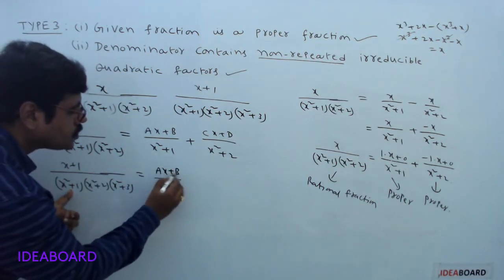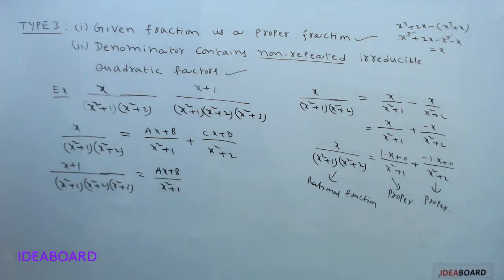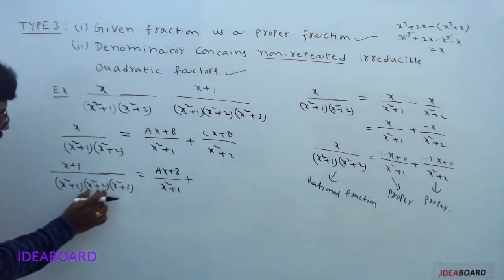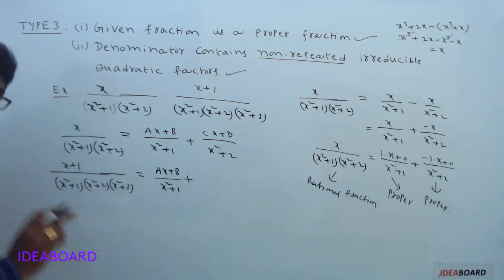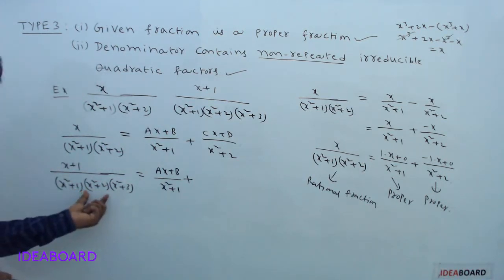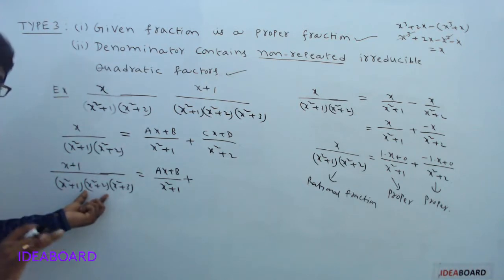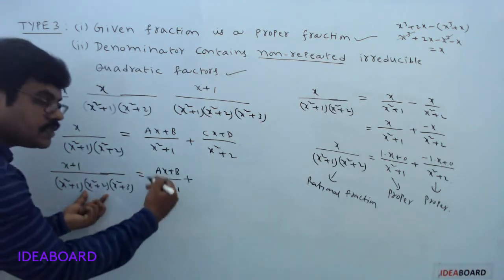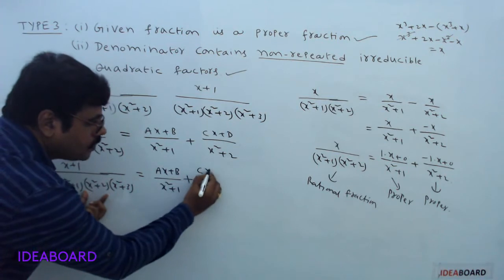So (ax plus b) divided by x square plus 1 plus, now this is a non-repeated irreducible quadratic factor. Corresponding to it, there exists a linear factor.